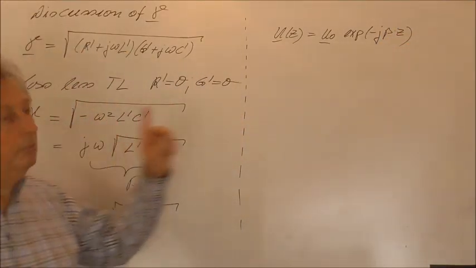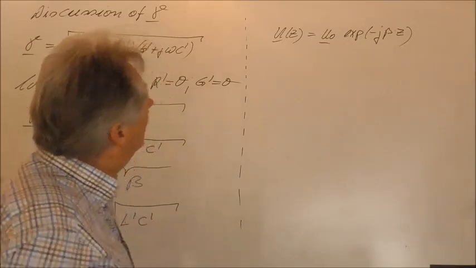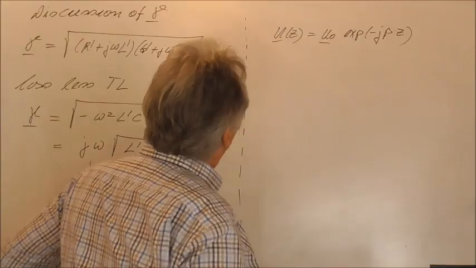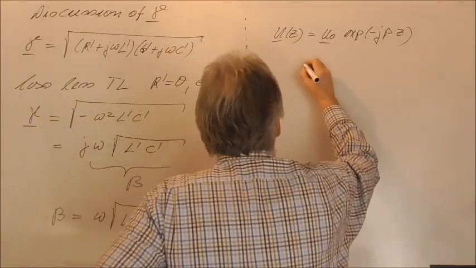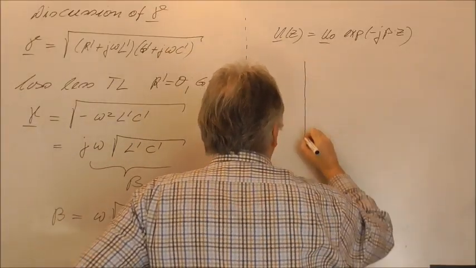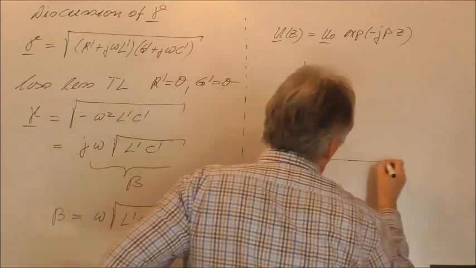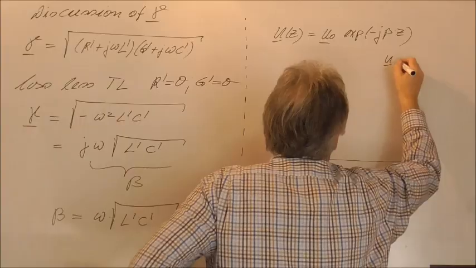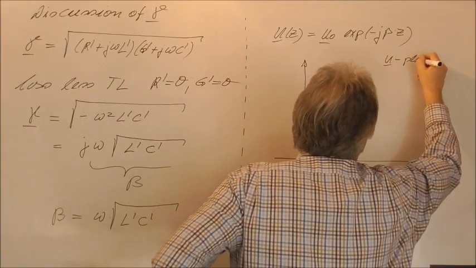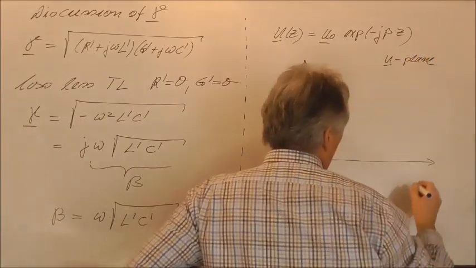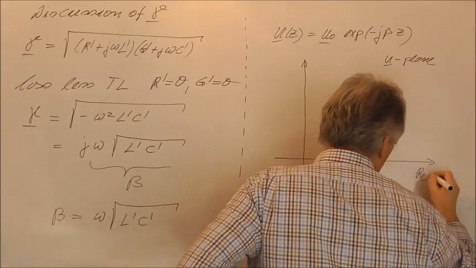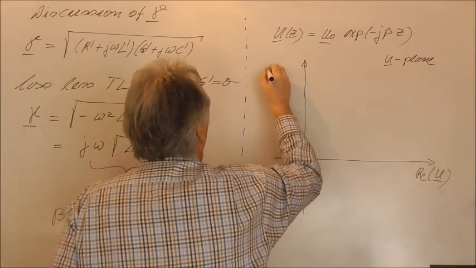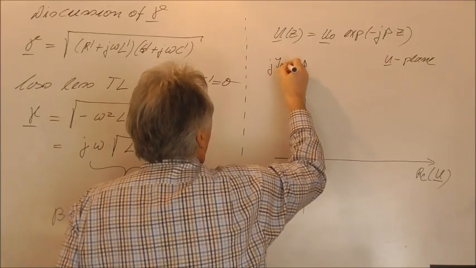Now, in the first step I want to explain the mathematics here. What does it mean? We can first define a plane of the voltages. I call this the U plane, and I will write here the real part of U and here j times the imaginary part of U.